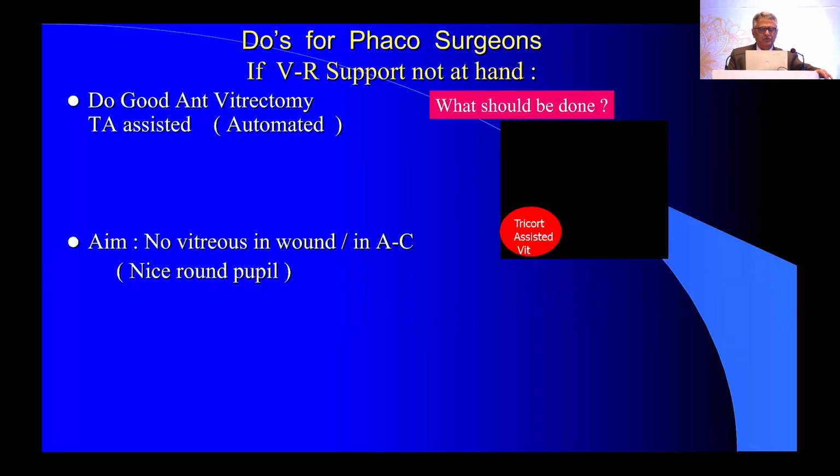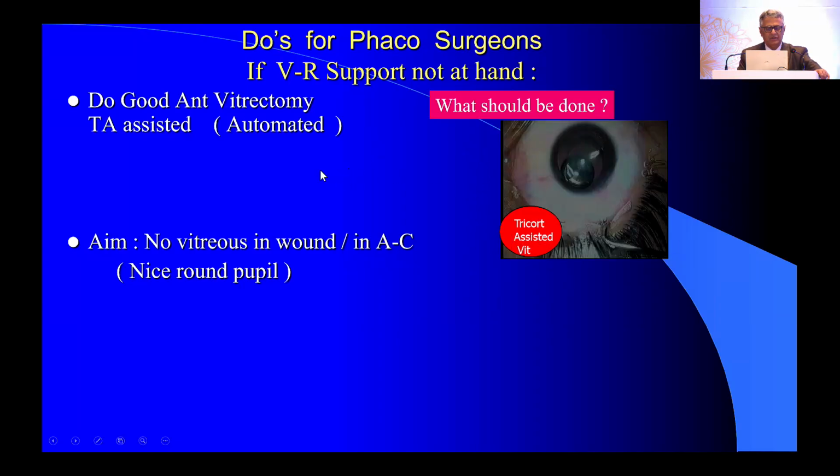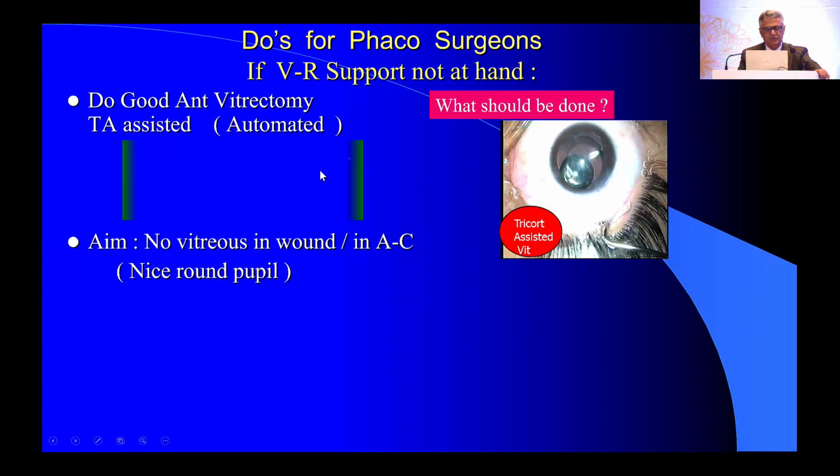So if you do not have VR support at hand, or you do not know the job of vitrectomy, best would be to put some triamcinolone and do this, what I was showing.